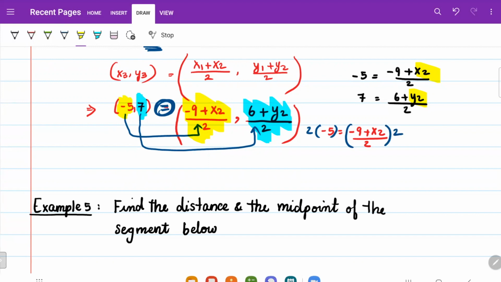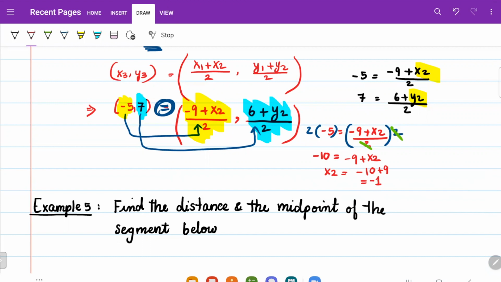So here, 2 and 2 get canceled, and we are left with minus 10 equals minus 9 plus x2, and x2 equals minus 10 plus 9, which is minus 1.